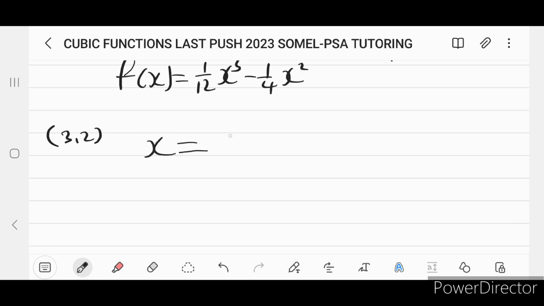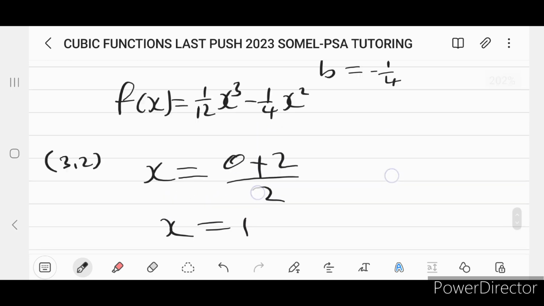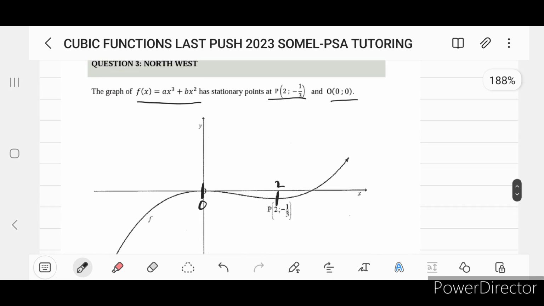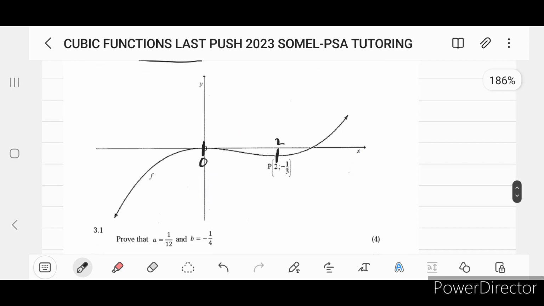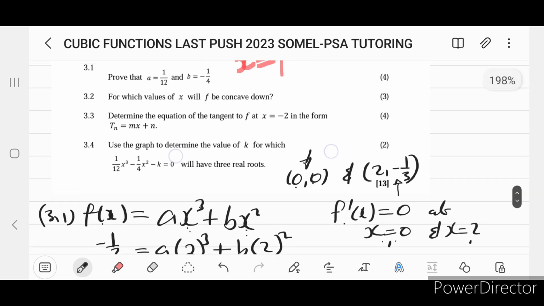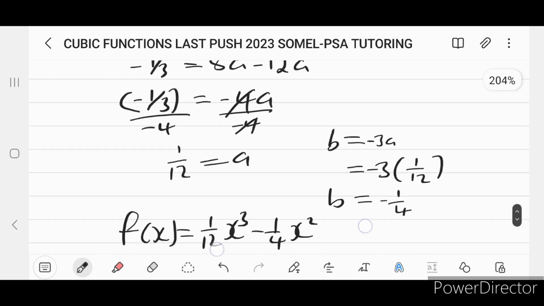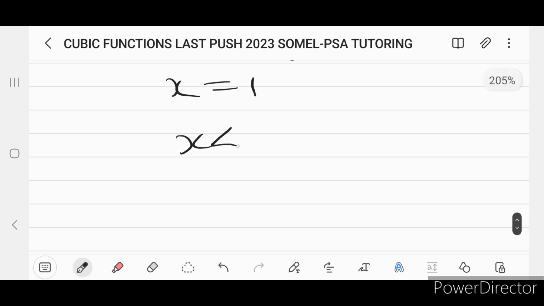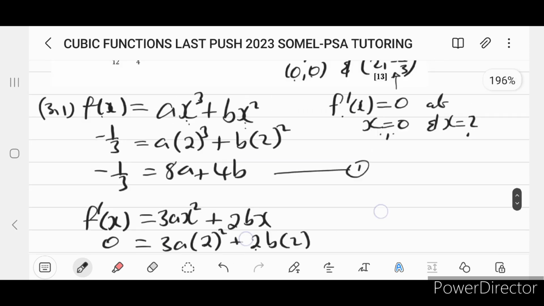The x value of the point of inflection is 0 plus 2 over 2, which is 1. You can also do that by deriving twice. So x equals 1. This side is concave down and that side is concave up. They want concave down, so it's x less than 1. We're done with that one.